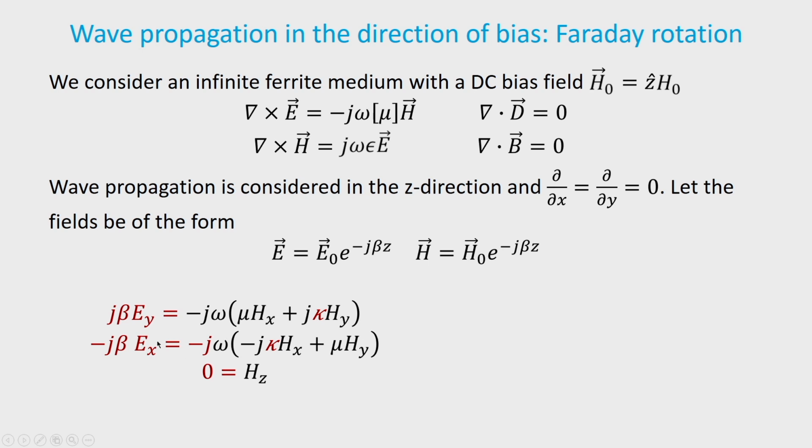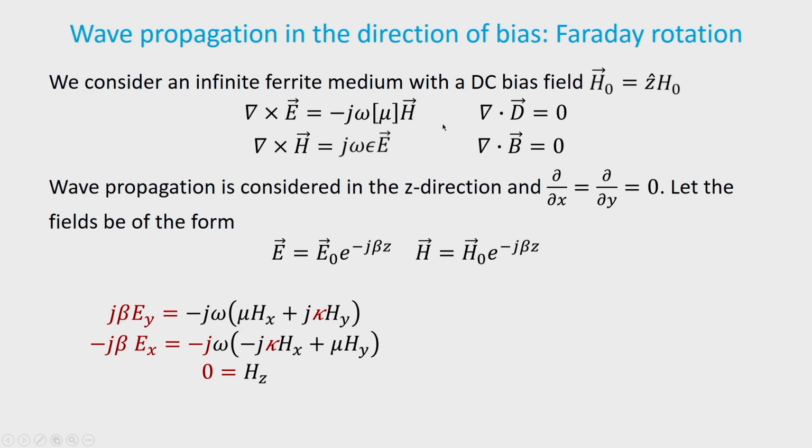So, we can write j beta E_y equal to minus j omega times (mu H_x plus j kappa H_y).